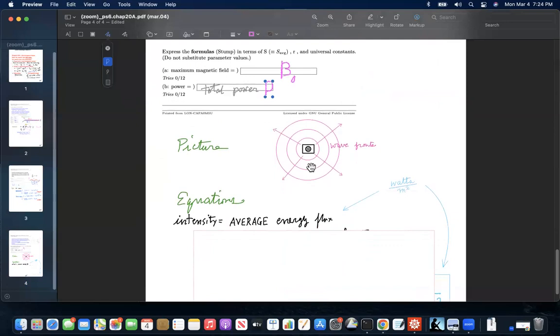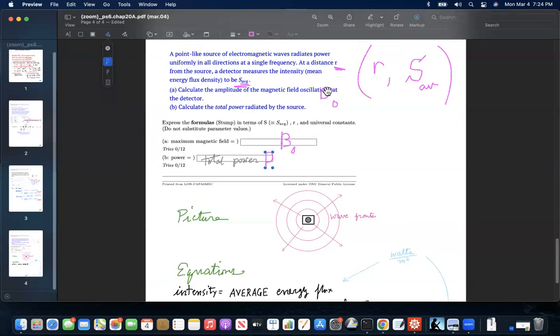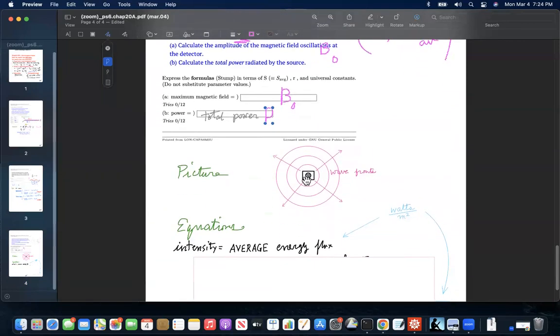So we always draw a picture. Here are the wave fronts. Here's some source of electromagnetic waves. Maybe it's microwave, so this is a microwave tube.